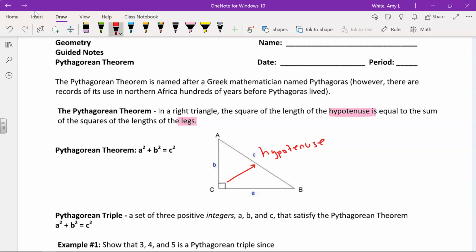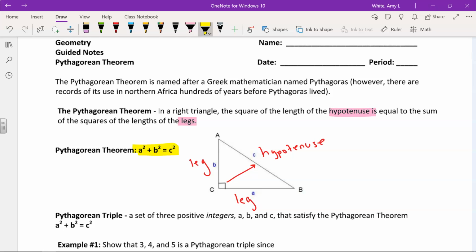The other two sides, the ones that are touching the right angle or adjacent, we would call those our legs. And it doesn't matter which one you label A or B, they're both the legs. So this is the Pythagorean theorem in words, right? The square of the length of the hypotenuse is equal to the sum of the square of the lengths of the legs. Now, most of you, though, are more familiar seeing it as a formula.